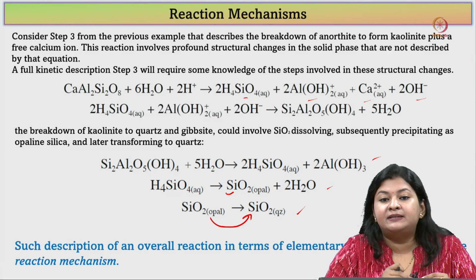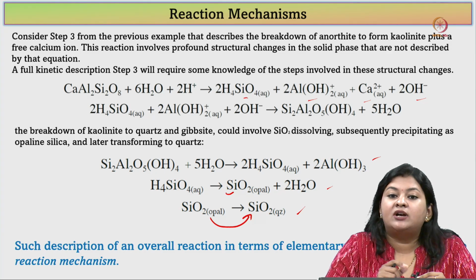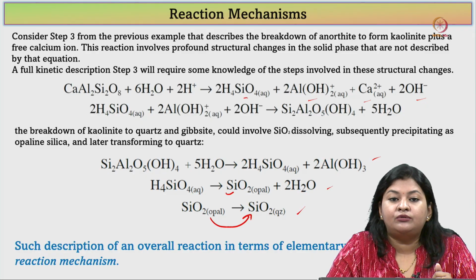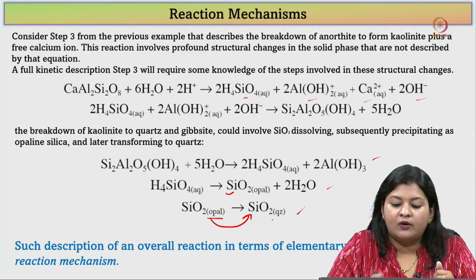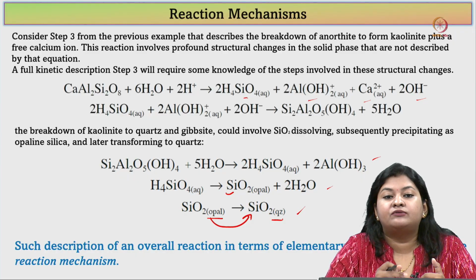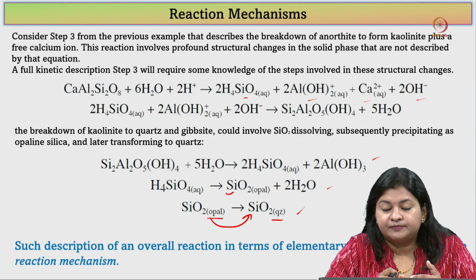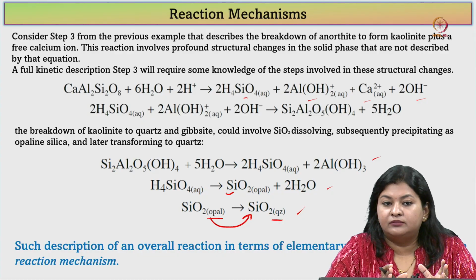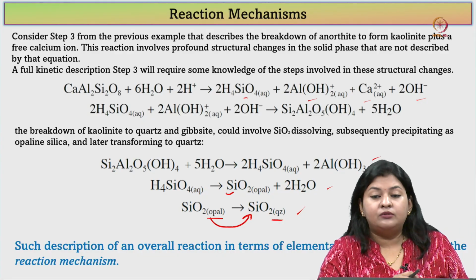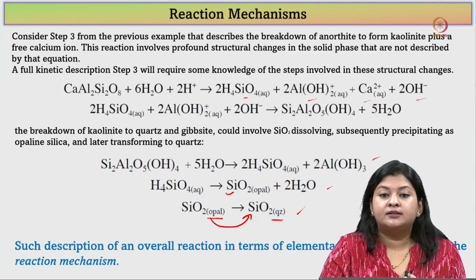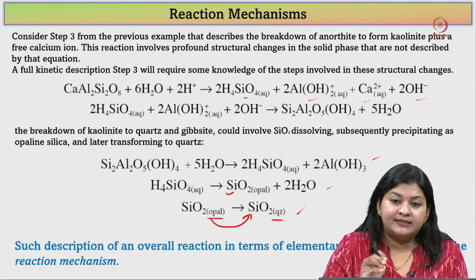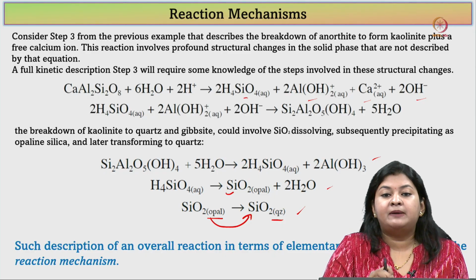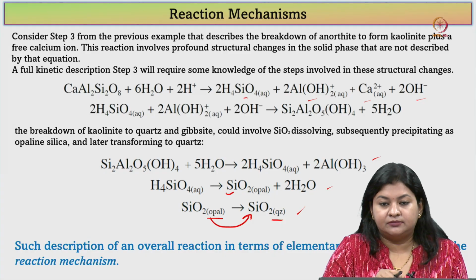And precipitation, phase transformation: this is a phase transformation of SiO2 from opal to quartz, which means there is a lot of structural change going on. Any particular step among these structural changes can be slow, and that will be my rate determining step.